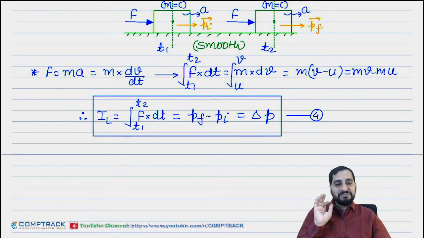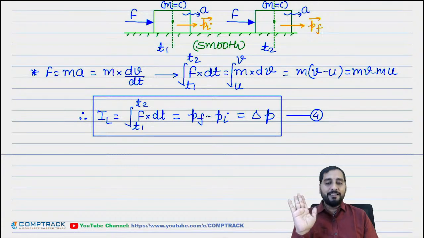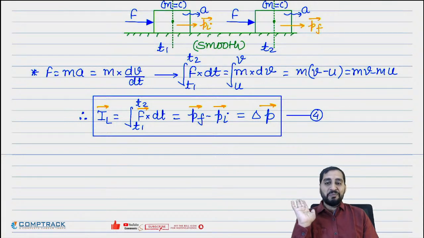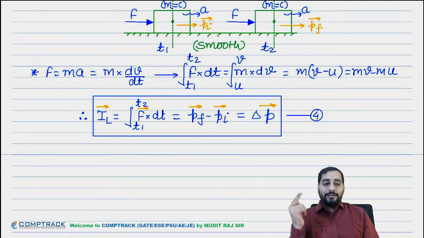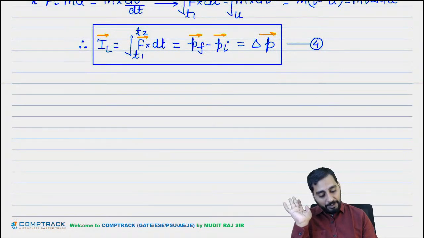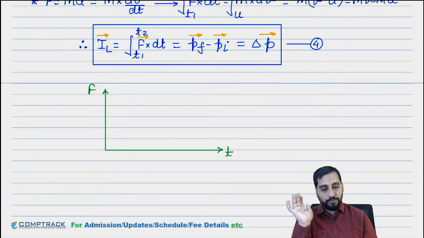Okay, now here everything is a vector. Mind that force is also a vector, this is a vector, this is a vector; all these quantities are vectors. Now they can give you the variation of force with respect to time. Sometimes they will give you the equation of force, which you can directly solve by integration, but sometimes they will give you the graph of force and time.